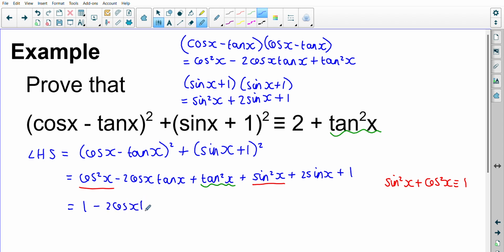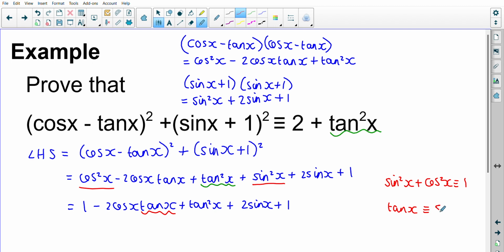Then I'll write the rest. So I can see how I'm getting the 2 now. And I can use the other identity because I've got a tan x. Let's see if that's helpful.